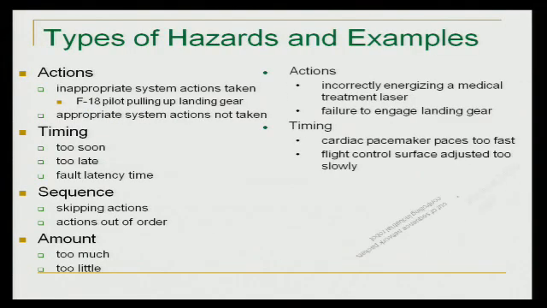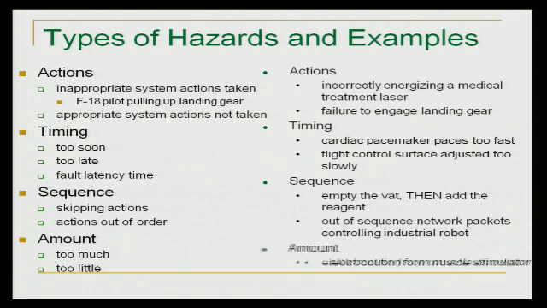Let me just build this up. So here's a whole bunch of actions based on these hazards that we need to be able to consider. For example, hazards include actions.